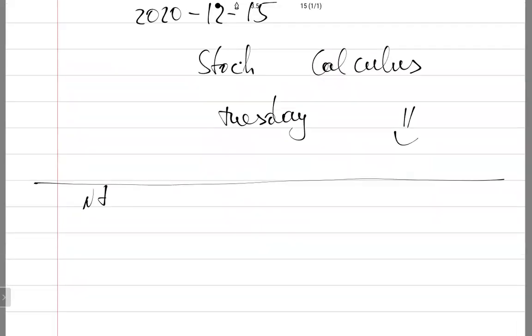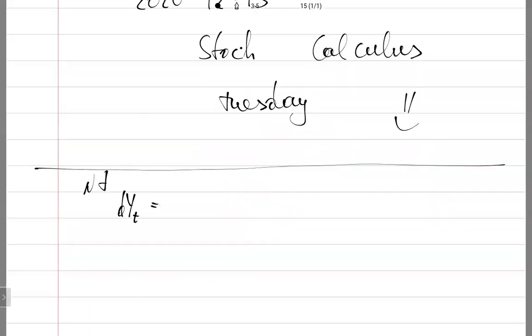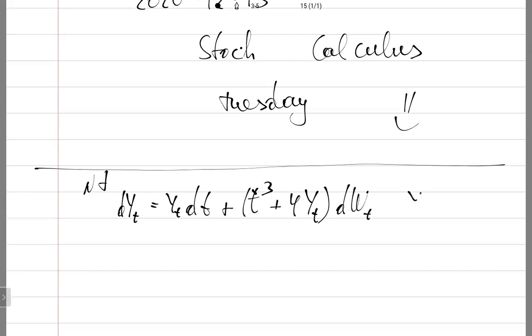It is dy(t) = y(t) dt + t cubed + 4y(t) dW(t), and y(0) is 1. Okay.